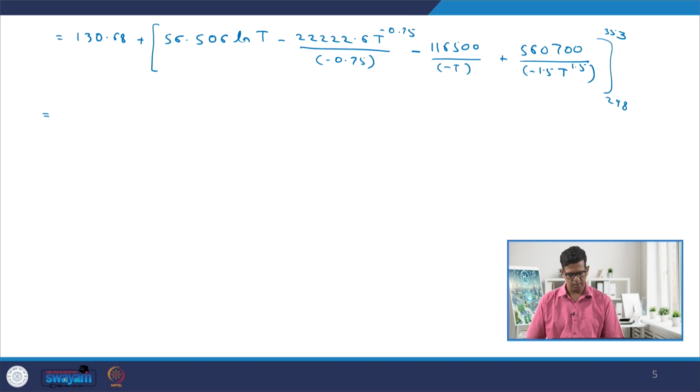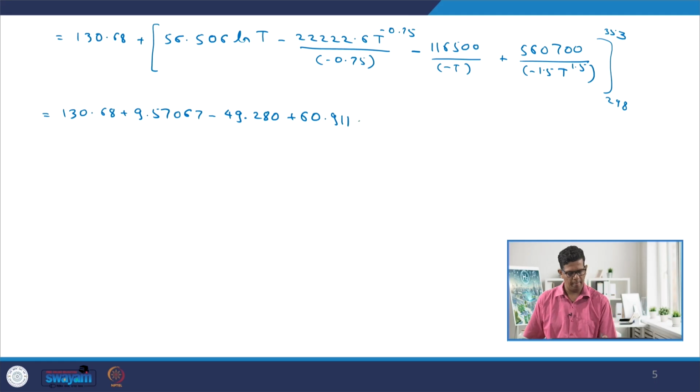So, if we substitute for these temperatures, this comes close to 130.68 plus 9.57067 minus 49.280 plus 60.911 minus 16.302.